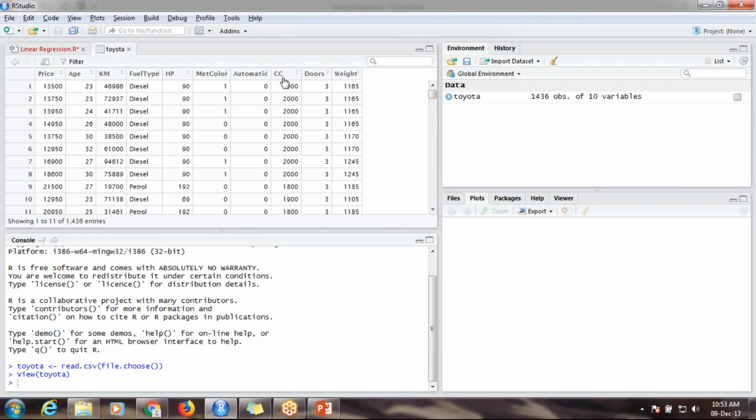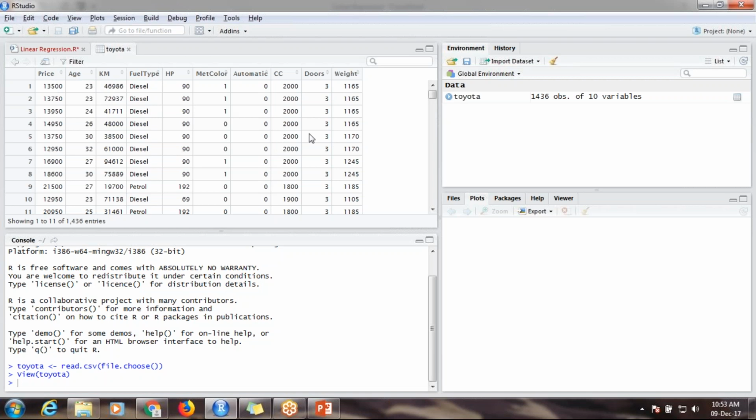Then automatic gear or not, cc, number of doors and weight. Including all these things, we need to predict what my price should be. So this is my dependent variable, and all of these will be my independent variables.